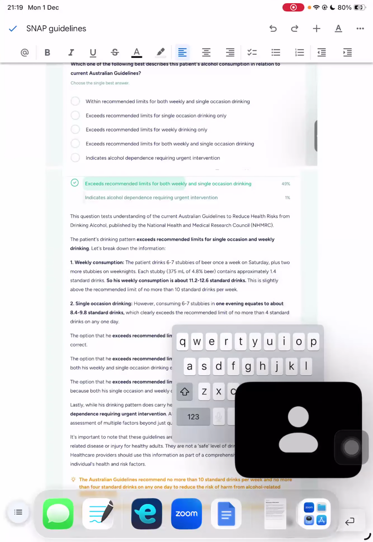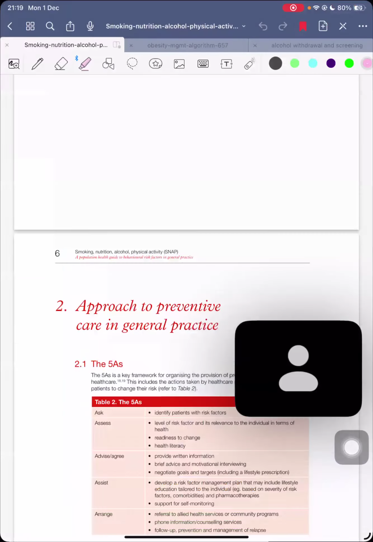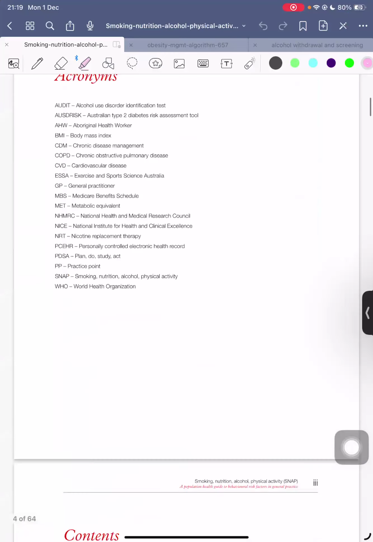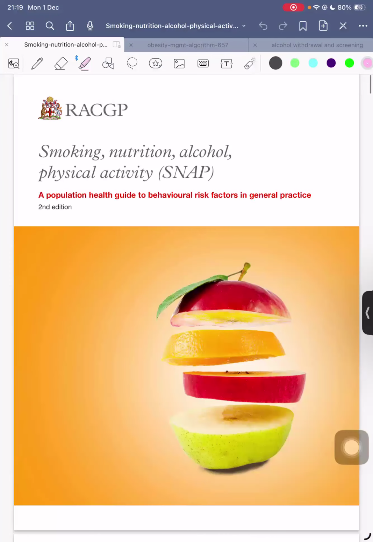So what is the SNAP guideline? This is the SNAP guideline. Okay, what is it? I want you to remember about the SNAP guideline. So what do you think about the SNAP guideline?